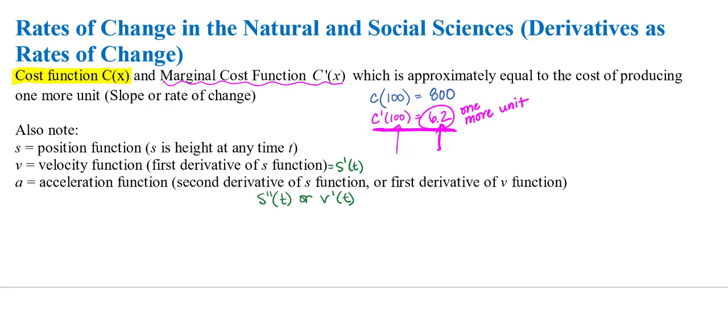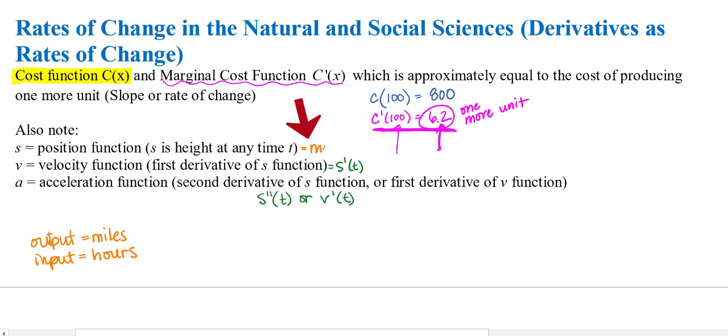And if we look at labels, maybe this will help explain why. If we talk about a typical miles per hour, where your output is miles and your input is hours, then we can go ahead and label these. Well, the position function is just your original function, so that's just going to be your output. So maybe this is in miles. Then my velocity, since it's an instantaneous rate of change, is going to be change in y over change in x.